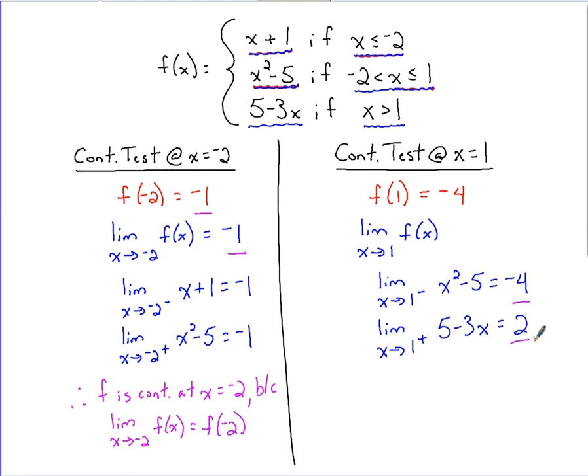That means our limit as x approaches 1 applied to this function does not exist. That means the function is discontinuous at x equals 1 because the limit as x approaches 1 applied to this function does not exist.